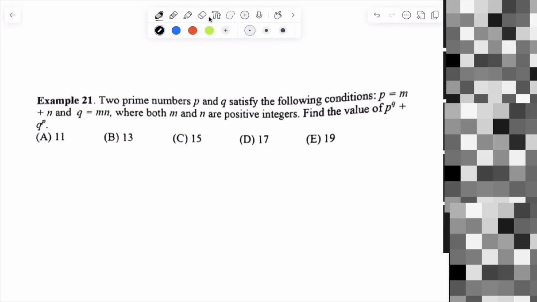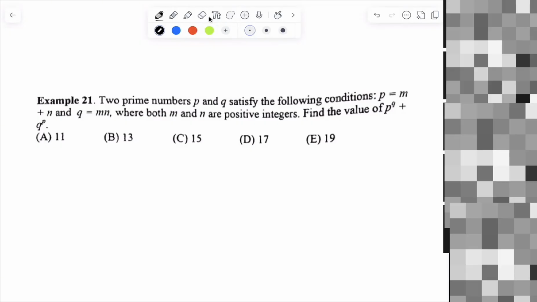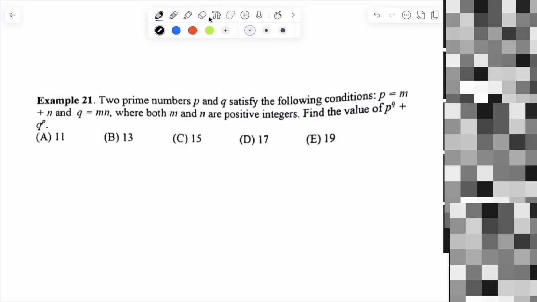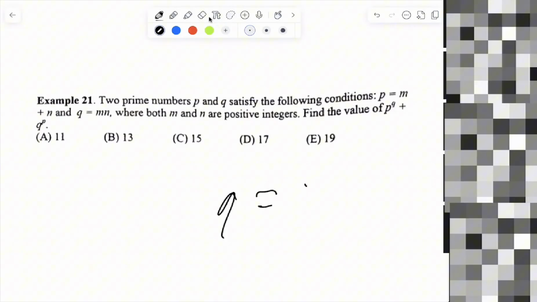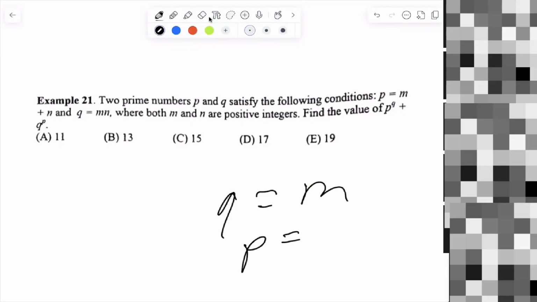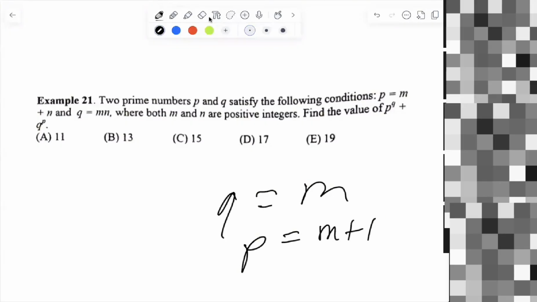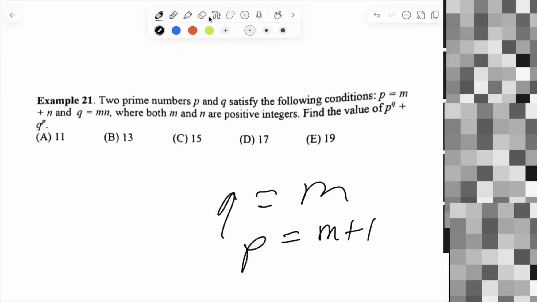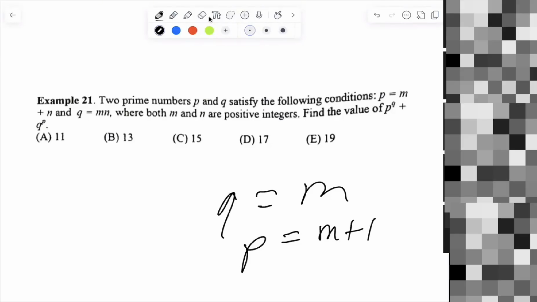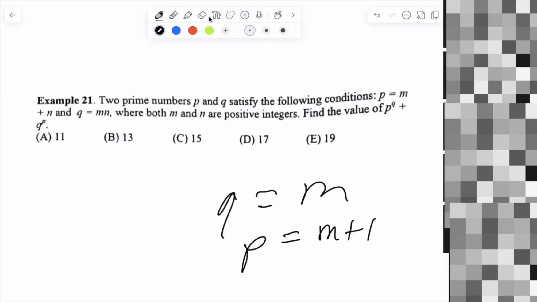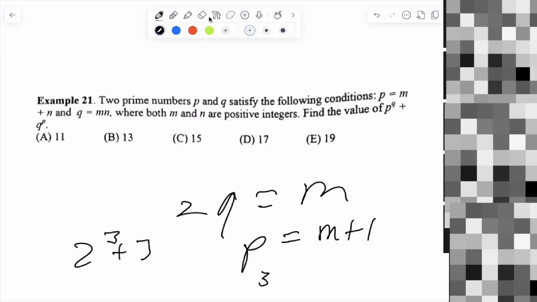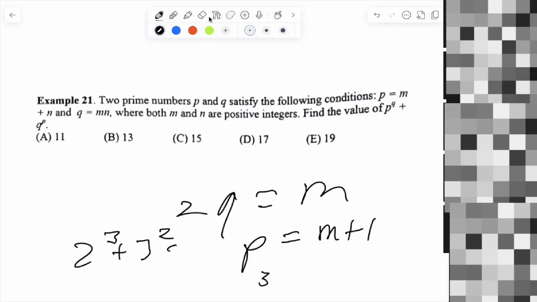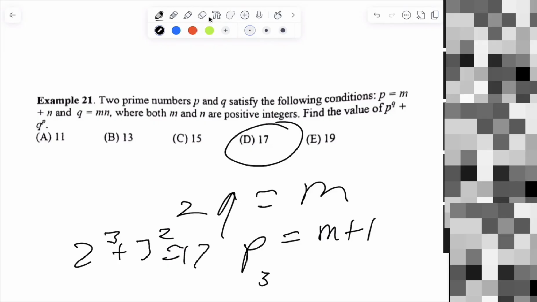Clearly, one of m and n is 1. So, say n is 1, we get Q is equal to m, and P is equal to m plus 1, which is pretty obvious from here, since the only prime numbers P and Q that satisfy it are 2 and 3. So P is 3 and Q is 2. Adding these up gives you 2 cubed plus 3 squared, or 17, or D as our answer.